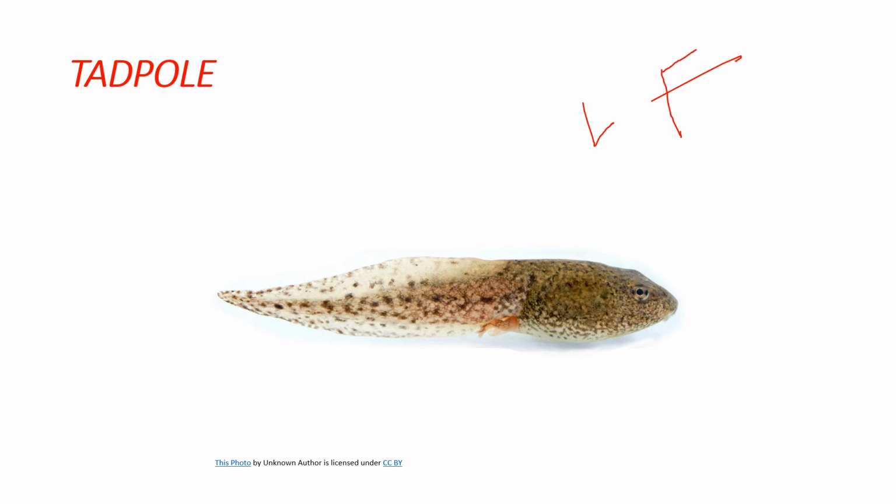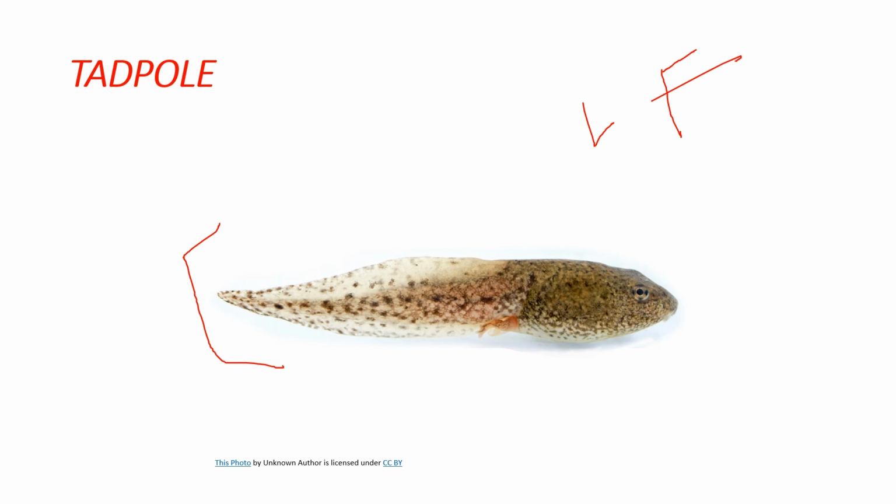So tadpole. If you were given a tadpole and told to identify which animal it would grow into, would you be able to identify it? Maybe. For some it may be, but now we know the larval stage of frog. So we know that larval stage is completely different and adult stage is completely different.